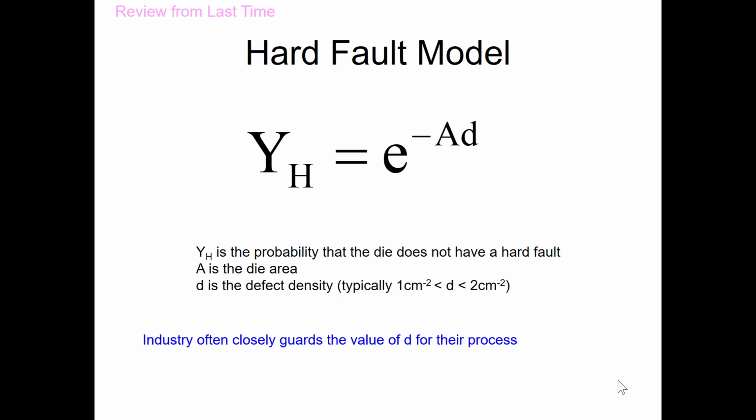In fact, it's not uncommon to have one company that has a lower defect rate than another company. And if that's the case, they know what it's going to cost their competitor to make a part. It could be the case that you make your competitor lose money by pricing your components such that you make a profit and you can guarantee they won't make a profit. So they're really sensitive to protecting this kind of information.